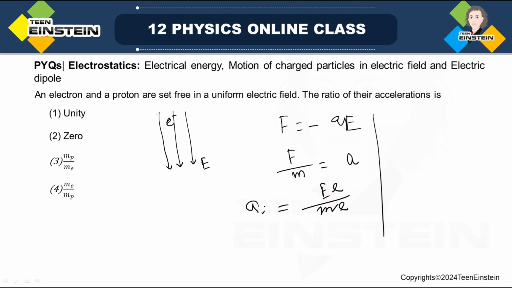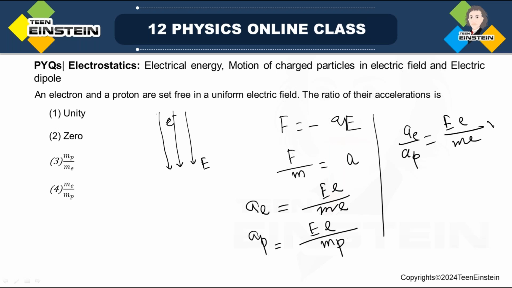Okay, so acceleration of electron and acceleration of proton, so if you take the ratio, so this is mp by me.